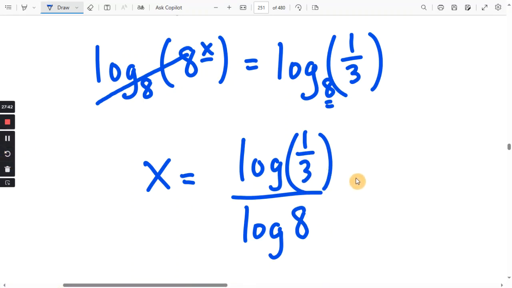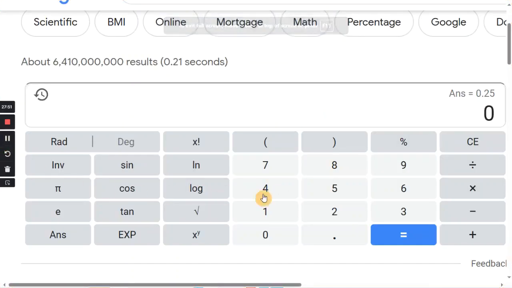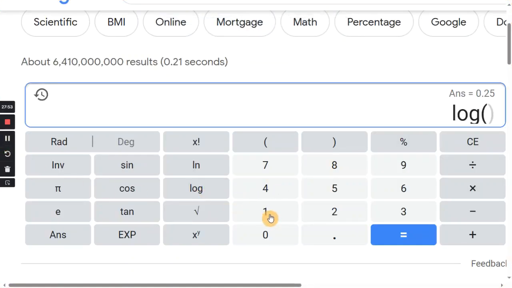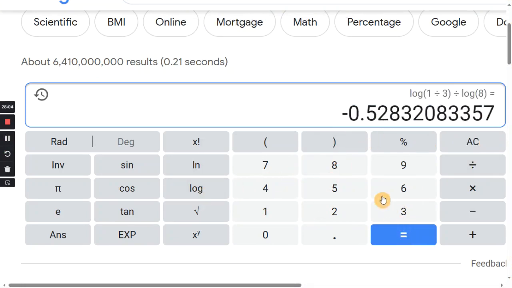Going to our calculator, log of 1/3 divided by the log of 8. So the log of 1/3, which is 1 divided by 3, close parentheses, divided by the log of 8, close parentheses. That's what we're looking at. And rounding to 4, negative 0.5283.